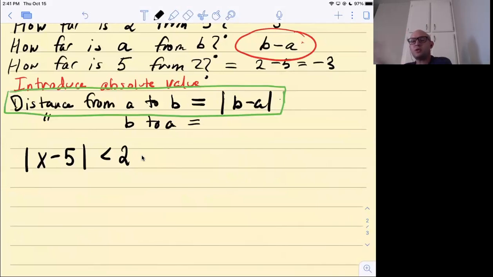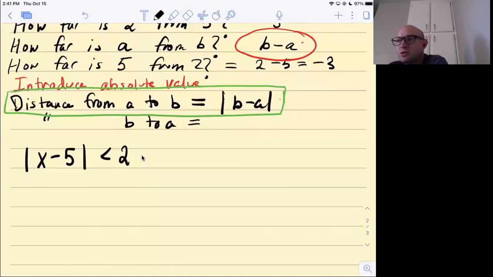Now, before you jump to the answer, can anyone translate this? Let's do this one together. Can anyone translate this into an English sentence? A full English sentence.